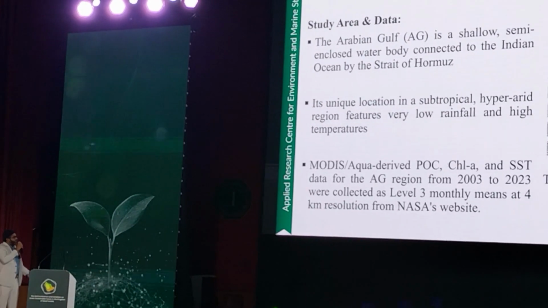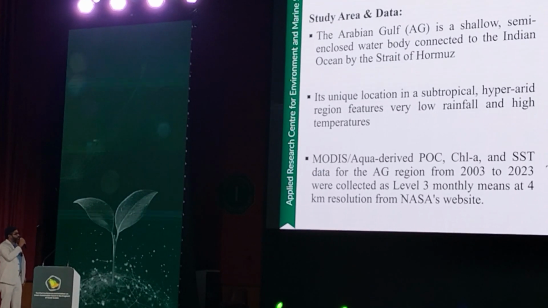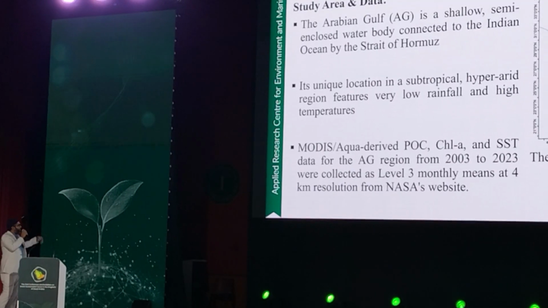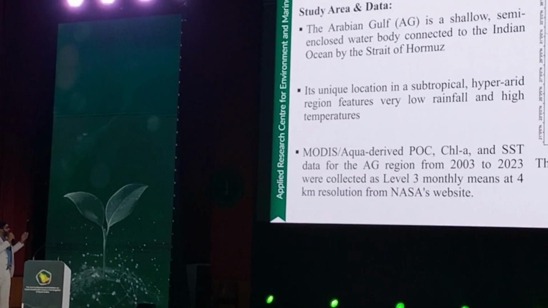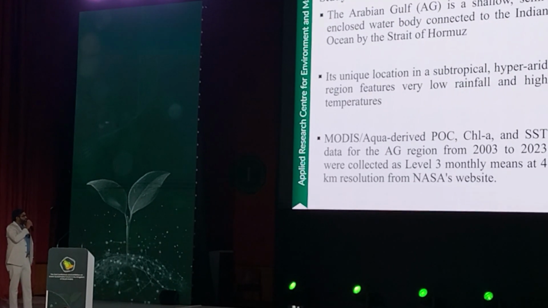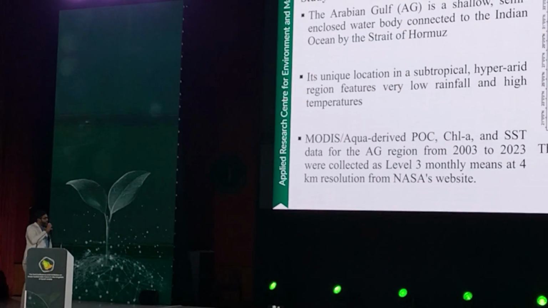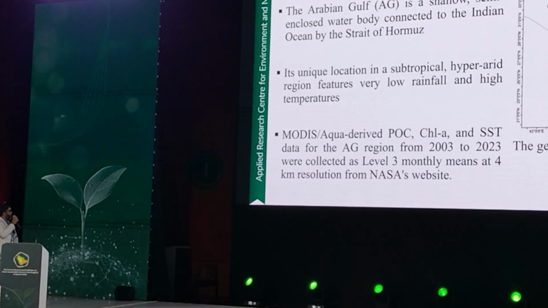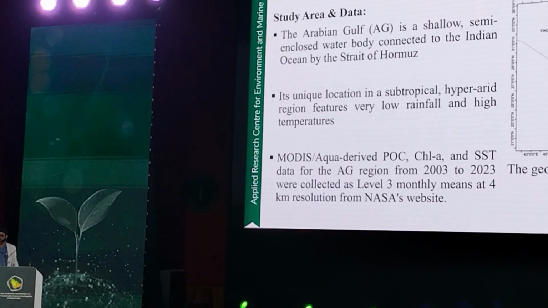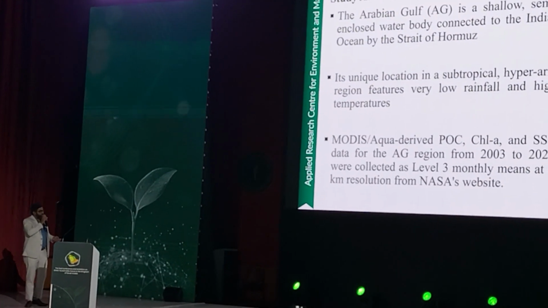So it's a very important sea water in this region. And the data we used here is MODIS Aqua, for 20 years, from 2003 to 2023. This was monthly data, at 4 kilometer resolution. It's really a high resolution for this type of analysis.